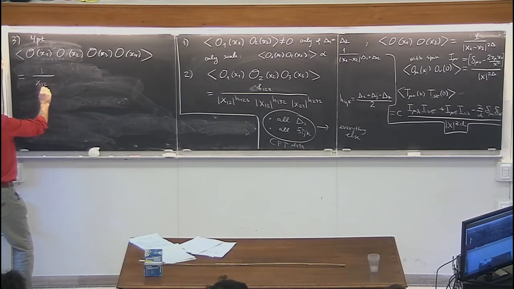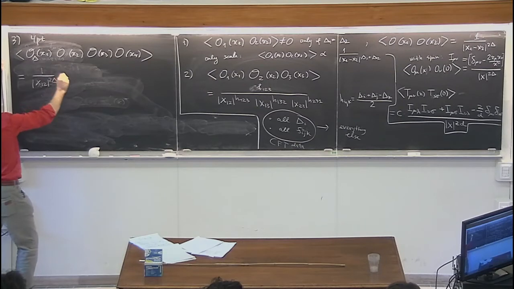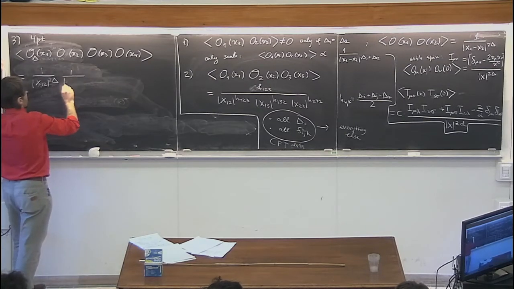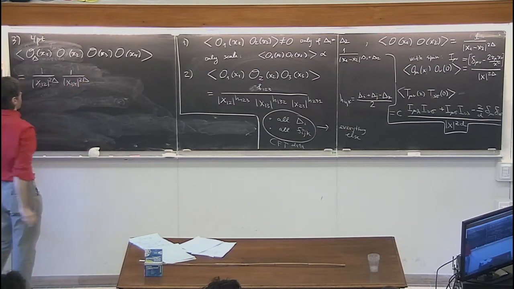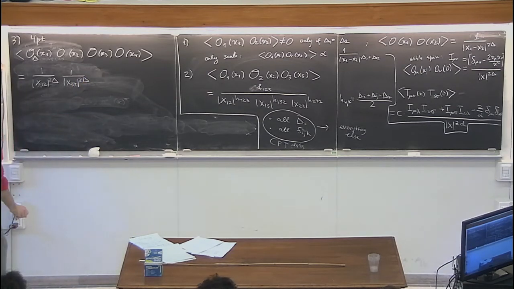So let me take this factor 1 over x12 to the power 2 delta, where delta is the dimension, and 1 over x34 to the power 2 delta. So this by itself would be conformally invariant, but that's not the only possibility.